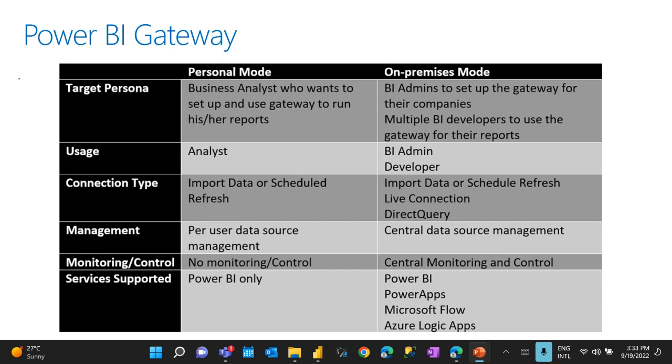The difference between the two is that the personal mode is for somebody who wants to set up the gateway just for you alone. It's not really that you want to share your data with other people. But if you are collaborating and you want to share your data, then you are better suited using the standard mode.